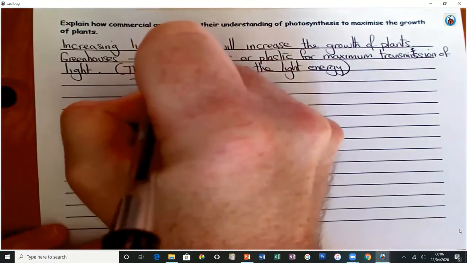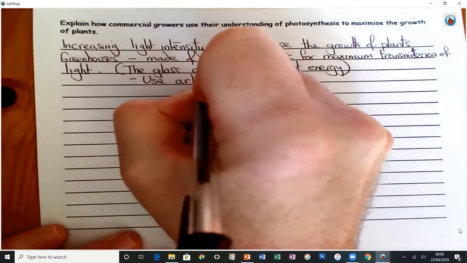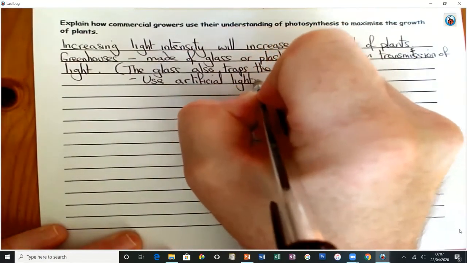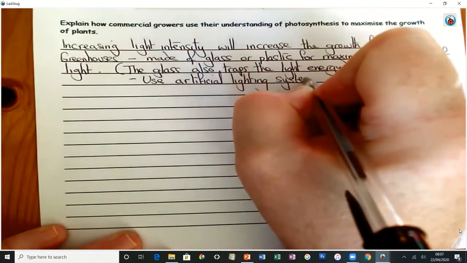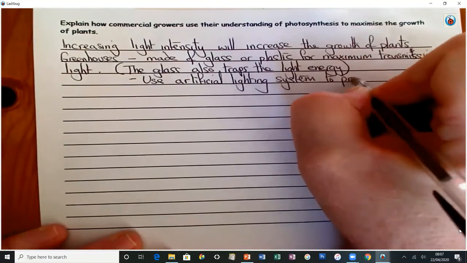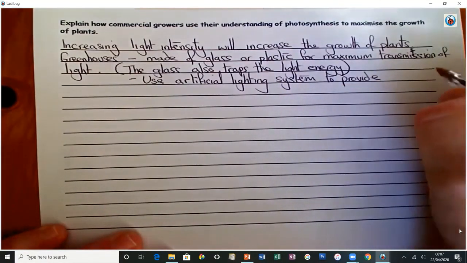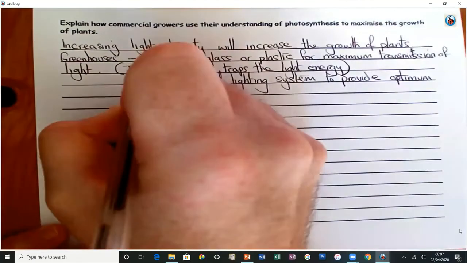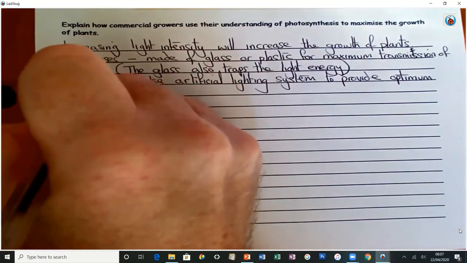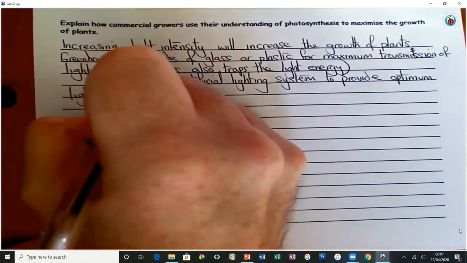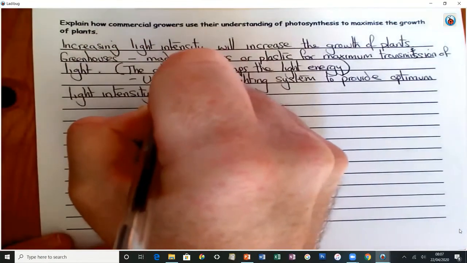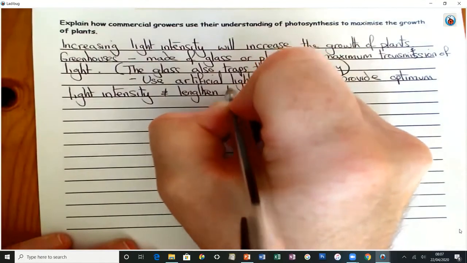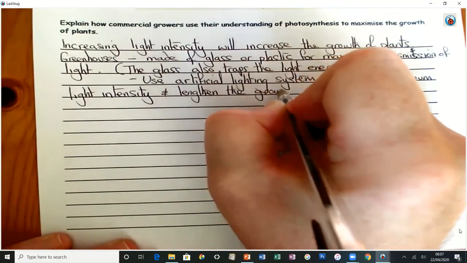Can use artificial lighting system to provide optimum light intensity and lengthen the growing day.